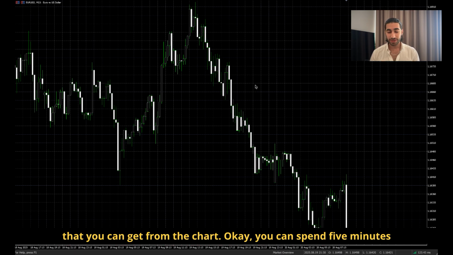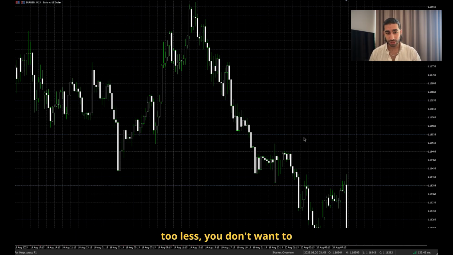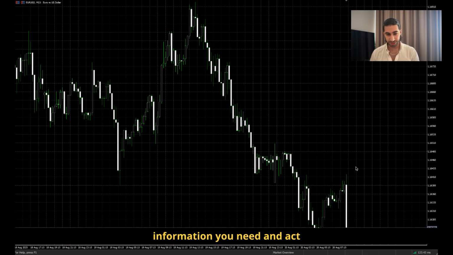You can spend 5 minutes analyzing the chart and have all the information you need to take action. You don't want to spend too little, you don't want to spend too much. You want a good balance to take the information you need and act upon it.